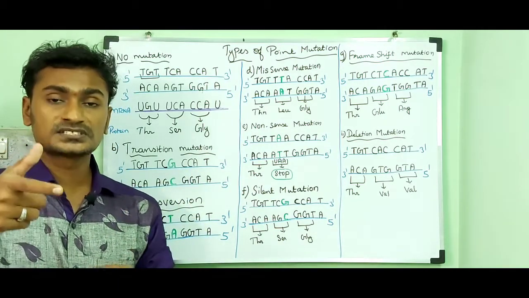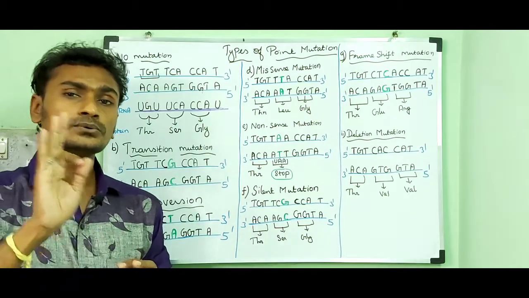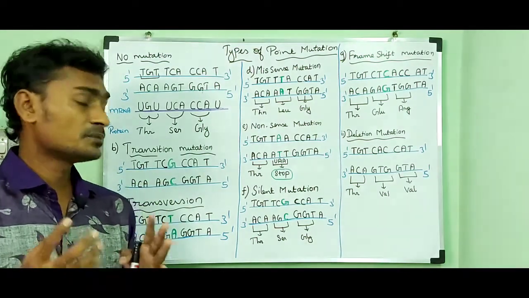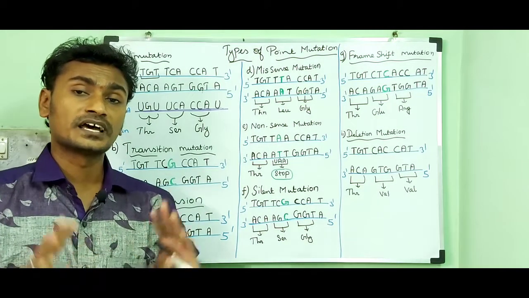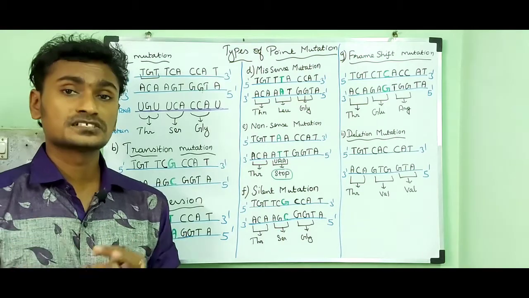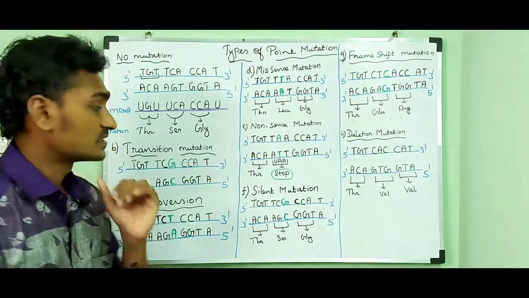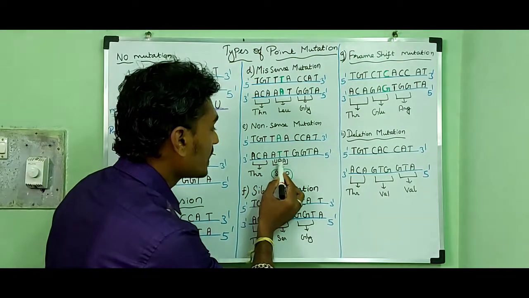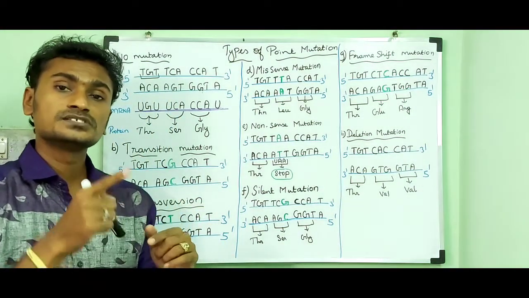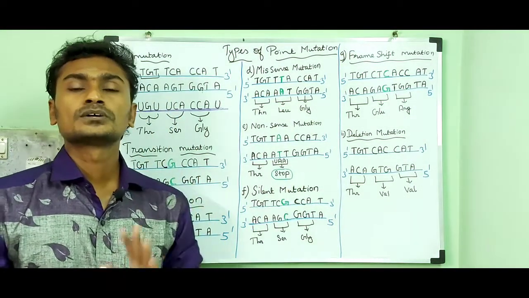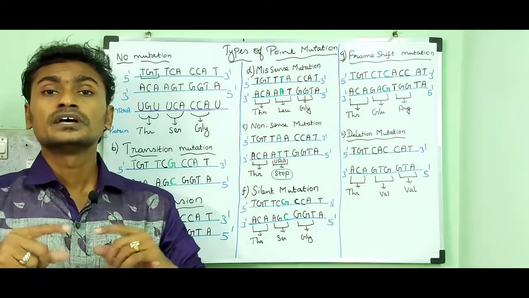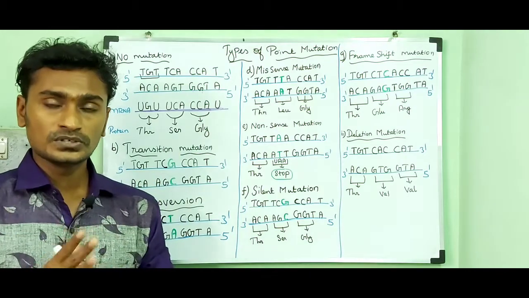Among those 64 triplet codons, 3 triplet codons are not able to encode an amino acid, and those triplet codons are called termination codons. Here they give UAA, another one is UAG, another one is UGA. So these 3 codons are called termination codons because they are not able to encode an amino acid.